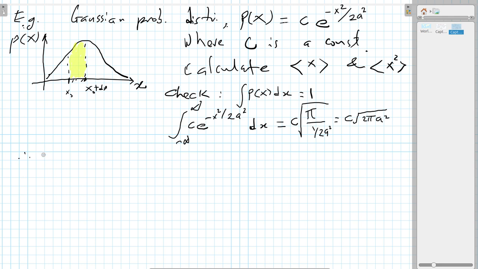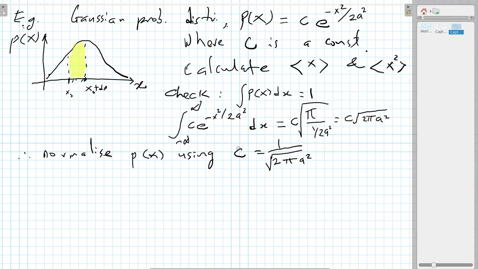Therefore, we say that p of x is normalized using c equal to 1 divided by the square root of 2 pi a squared. So this is the square root and 1 divided by that.